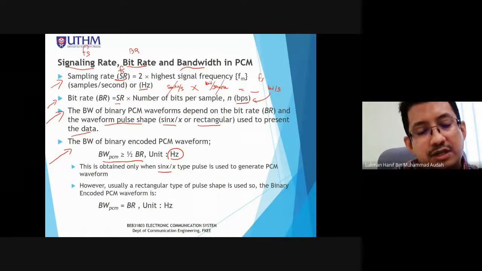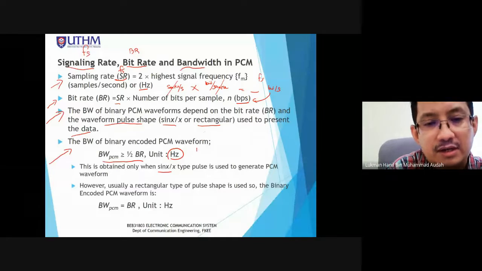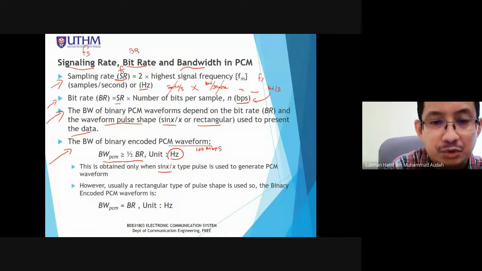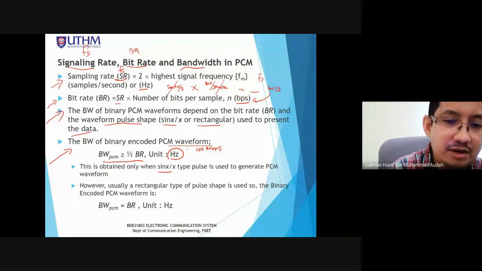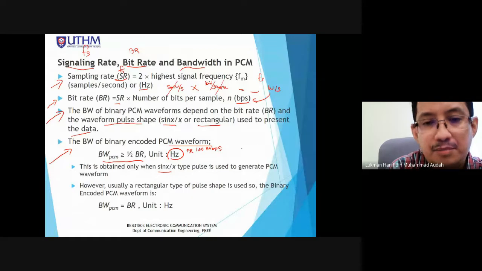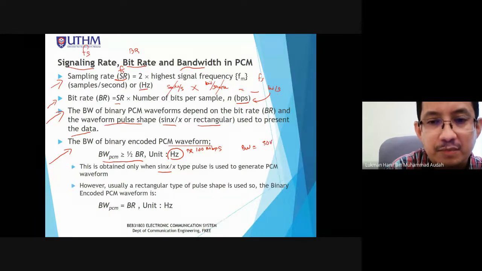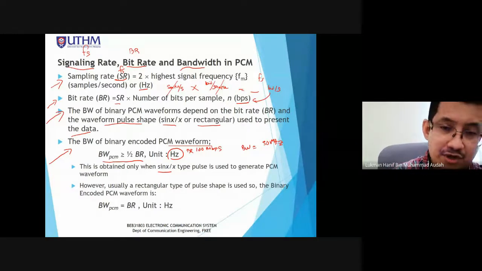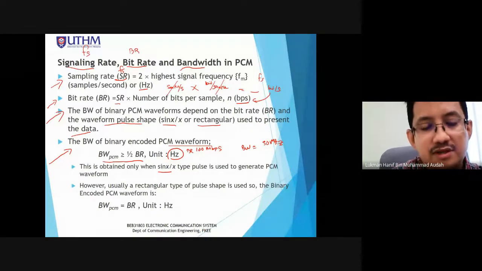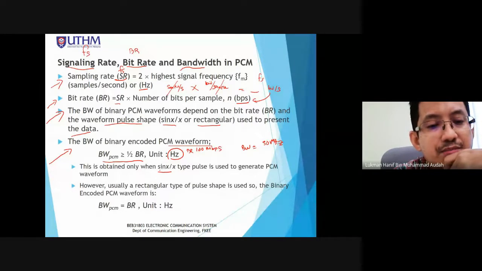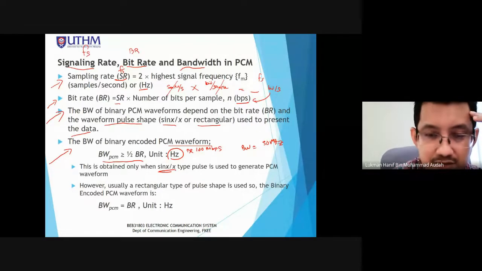Contoh, sekiranya bit rate adalah 100 megabit per second, maka bandwidth yang diperlukan adalah separuh, which is equal to 50 mega, tetapi unitnya adalah hertz, separuh dari segi magnitude. Sekiranya menggunakan sinc function during the sampling process.